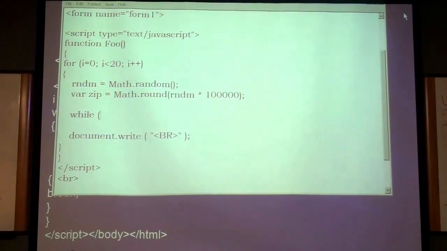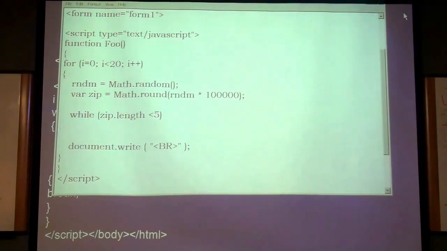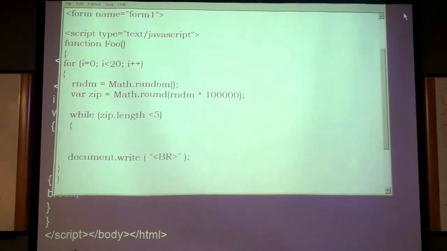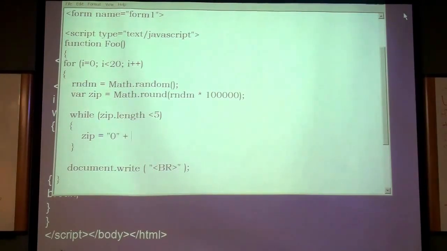I'm saying while the length of the zip is less than 5. So basically it contains fewer than 5 characters. What I need to do is simply add zeros. In this case I'm saying zip equals 0 plus zip.